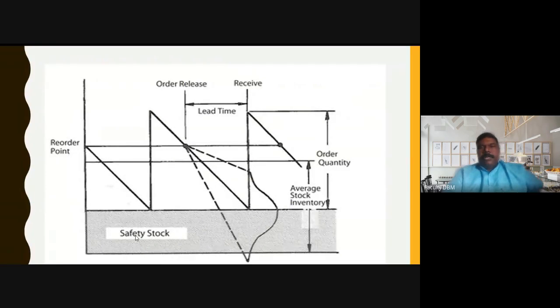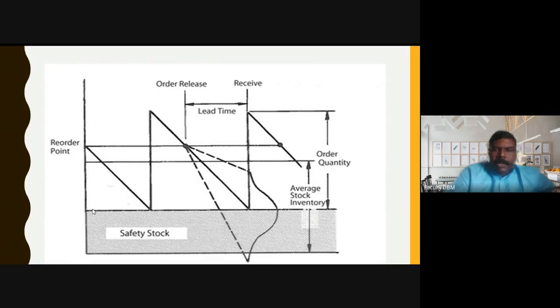So coming to the chart and the figure which explains where the safety stock is. You can see this reorder level. Reorder level is this. This is full stock and this is zero stock.